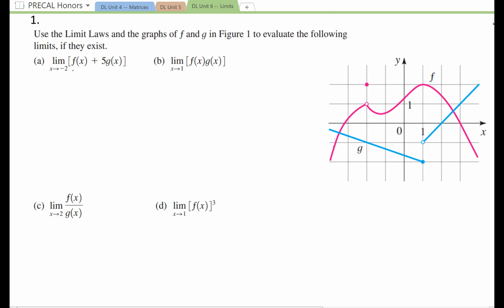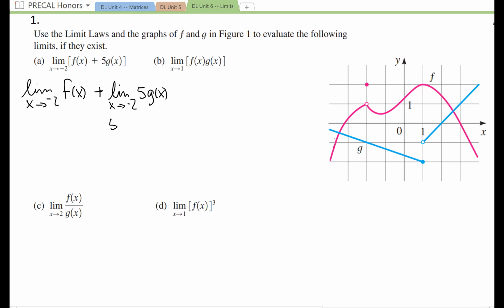So the limit of a sum, first of all, that was our first limit law, is equal to the limit of the first function plus the limit of the second function. Now g of x is being multiplied by a constant, so we can actually remove the constant from the limit and just multiply it to the limit, okay?